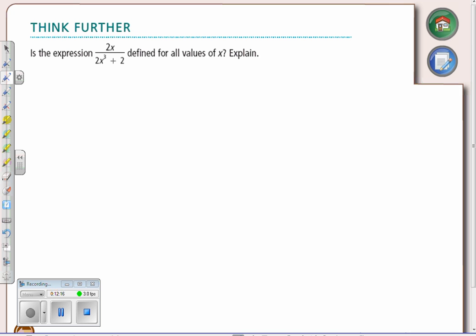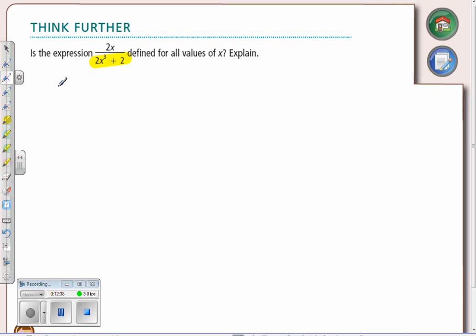Is this expression defined for all values of x? Give you a chance just to think that one through. And so now we look at it and say, well, that denominator, can I make the denominator equal to 0? Is there something I can do to make that equal to 0?